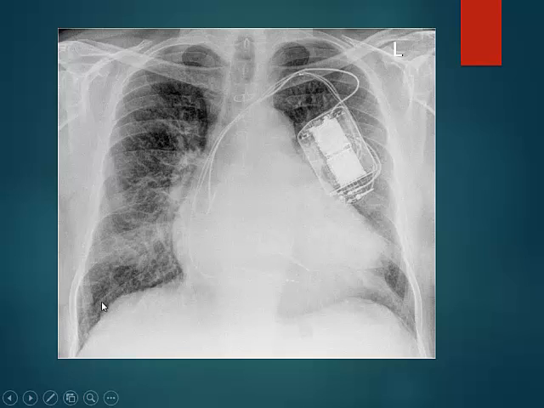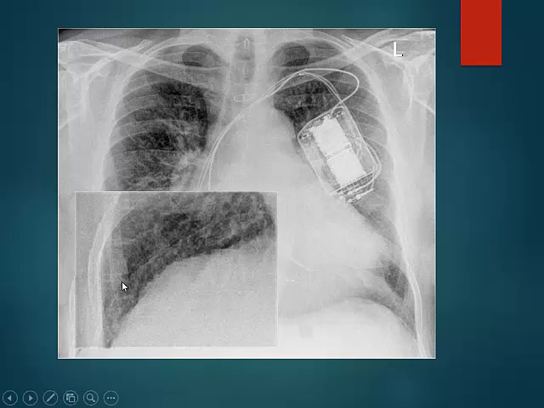If you look carefully, you can see some horizontal lines in the bases. They are called Kerley B lines. Yeah, you can see septal, this is interlobular septal thickening that we see on the chest X-ray. These represent chronic raised interstitial pressure. Okay? It does not happen in acute situations, but only in chronic situations.